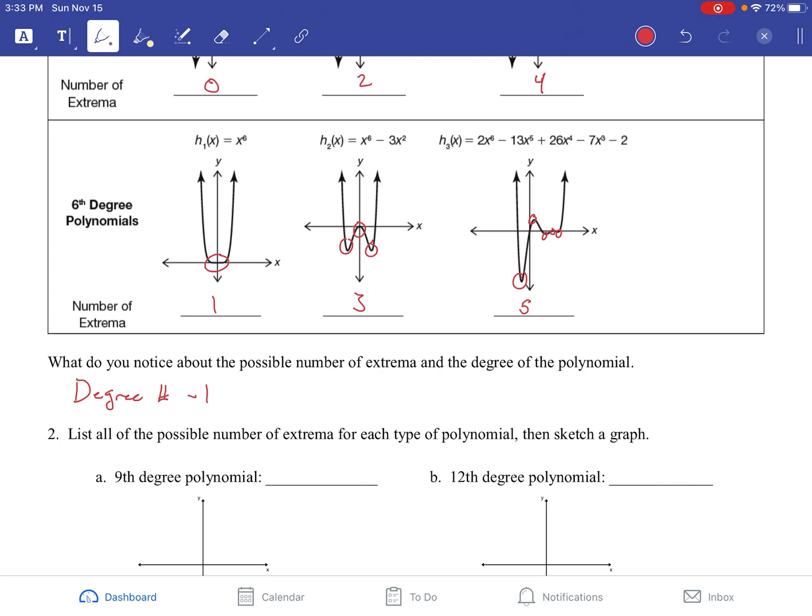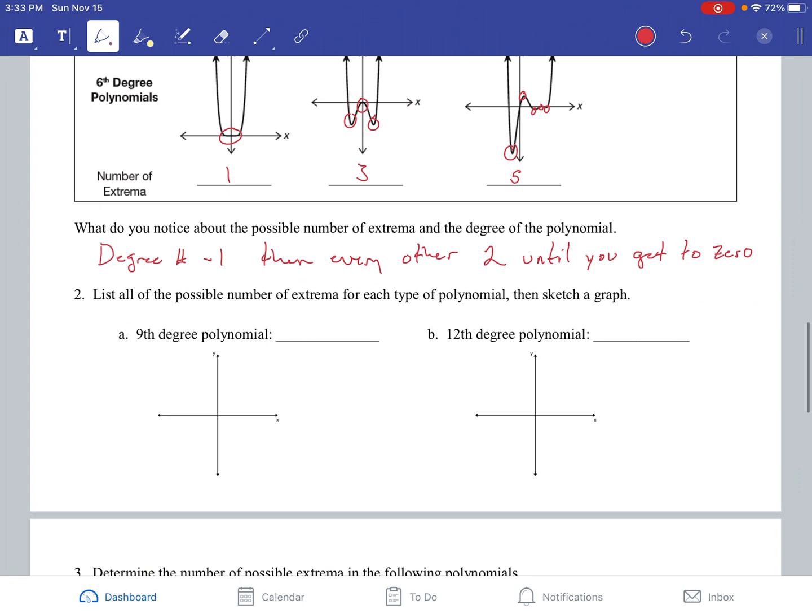With a 6th degree polynomial, you had 5, and then you go down every other number, by 2, until you get to 0. You can't go less than 0. You can't have negative 1 extrema. So there is a pattern here.